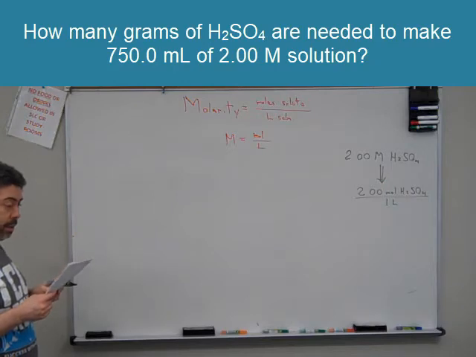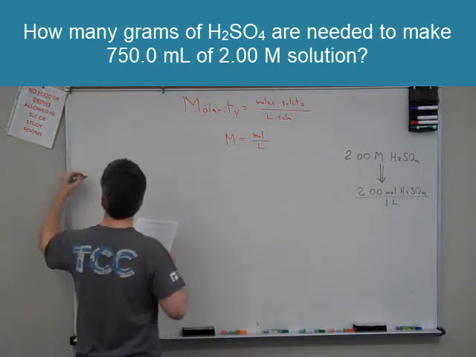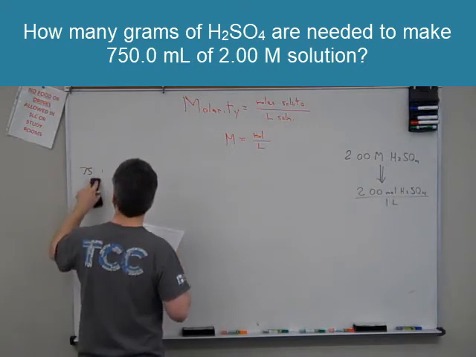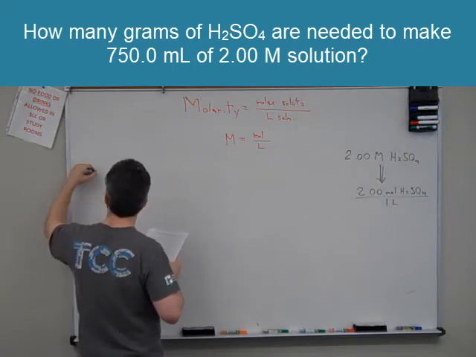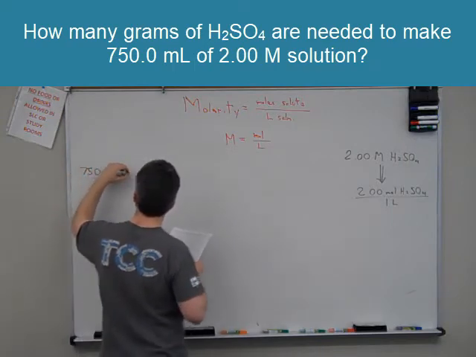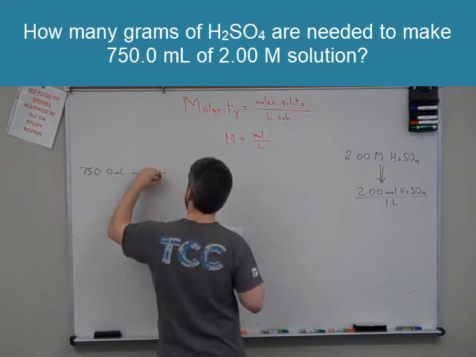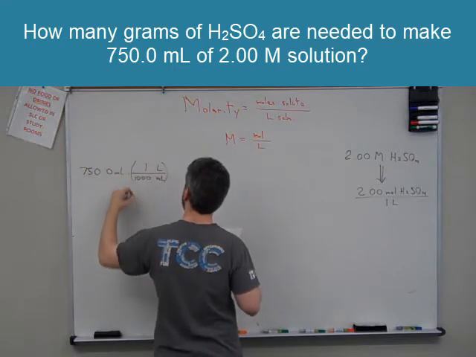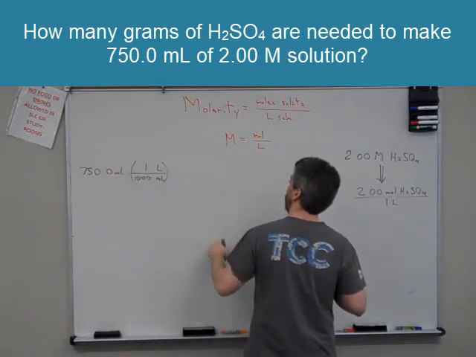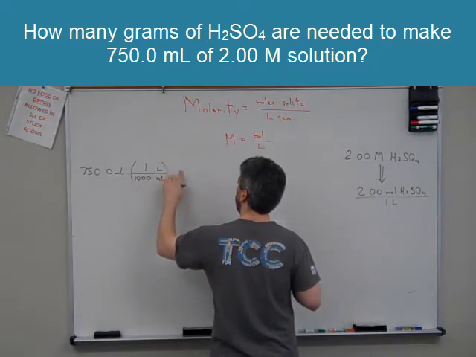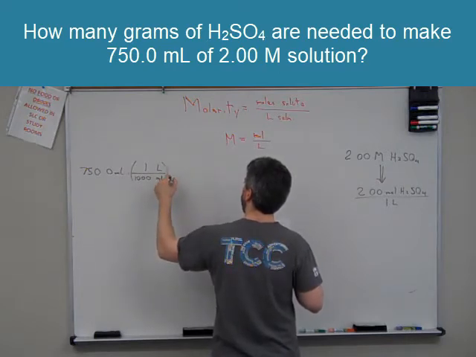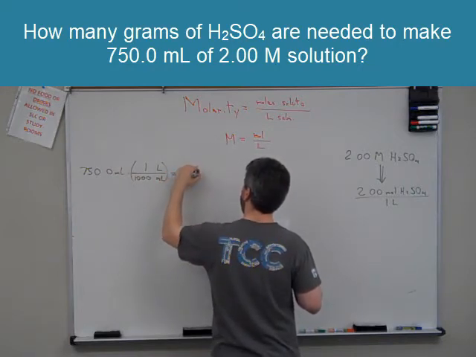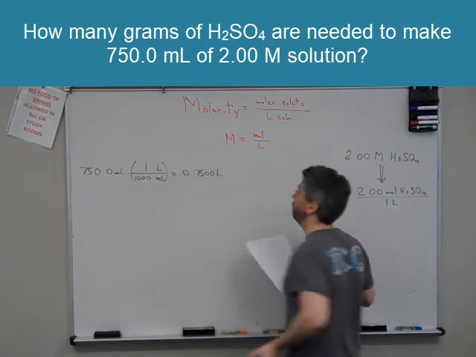I can take 750.0 milliliters and convert milliliters to liters, 1,000 milliliters to 1 liter. Then, if I wanted to use the equation, that means I have 0.7500 liters, right?